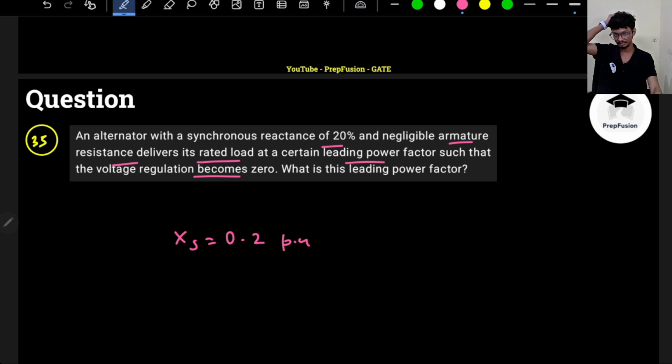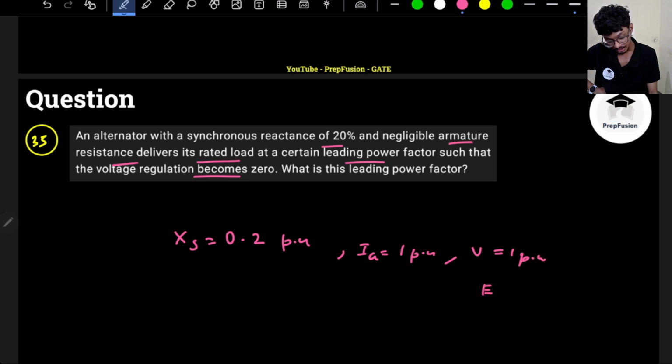What is the value of the leading power factor? So rated current means Ia will be 1 pu. Full load voltage will be 1 pu. And E also will be equal to magnitude of V, because your voltage regulation is 0.